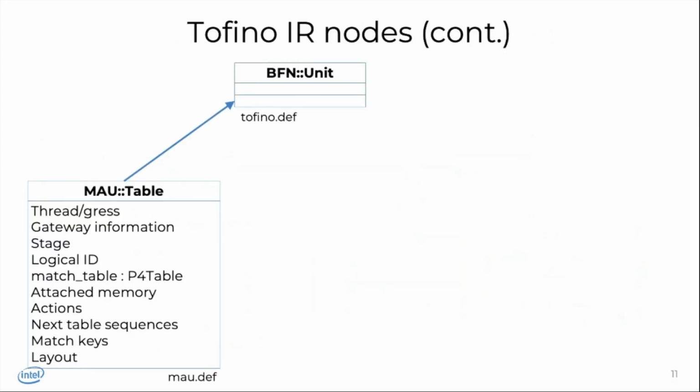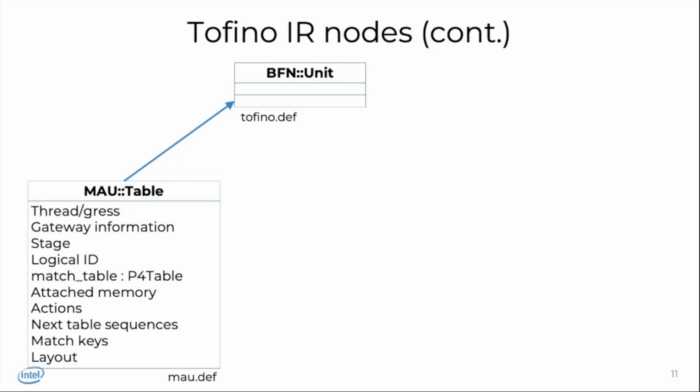All right, a few more IR nodes I'm going to introduce. So we have this thing called BFN unit, which is the base class for a lot of other subclasses. One example subclass is this MAU table. You can see properties there, again, things like the thread. We have gateway information, and gateways, think of these as small little tables that effectively implement conditional statements that control whether a table executes or not.